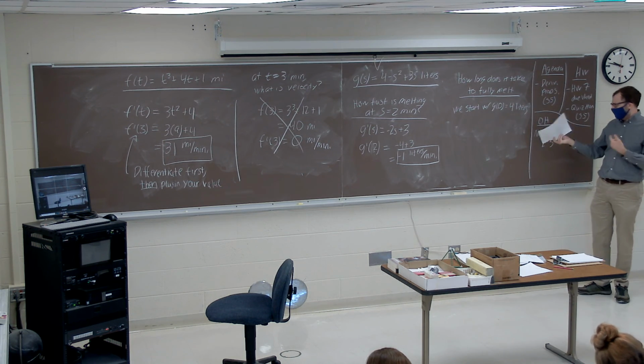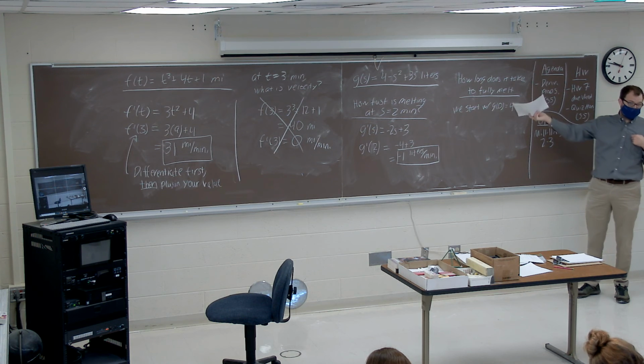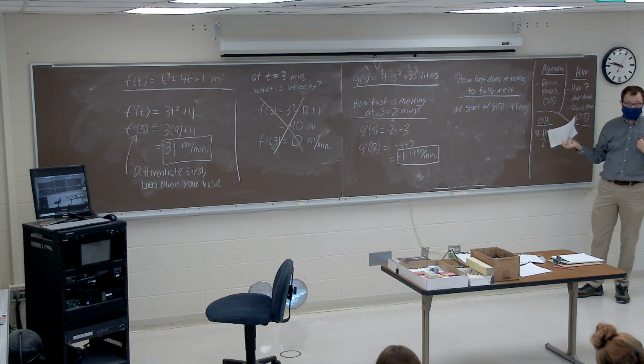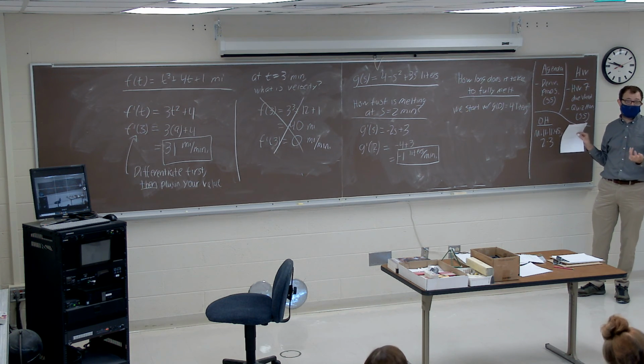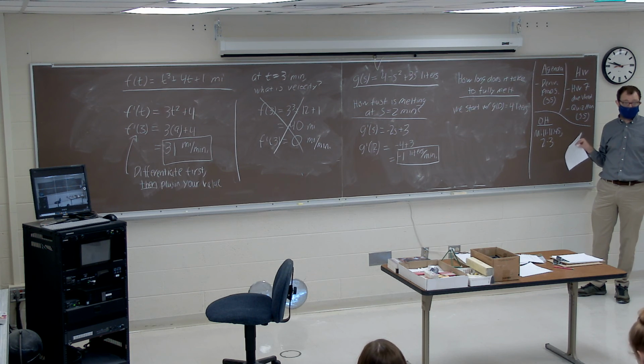And I like how you all used the original function g of s rather than g prime of s, because g prime of s could tell us how fast it's melting at the start, but g of s is going to tell us the volume at time 0.